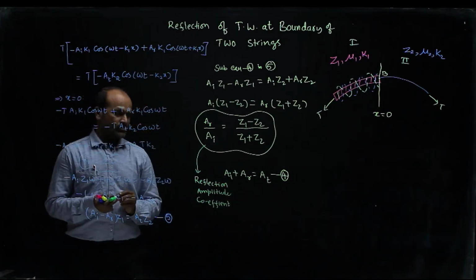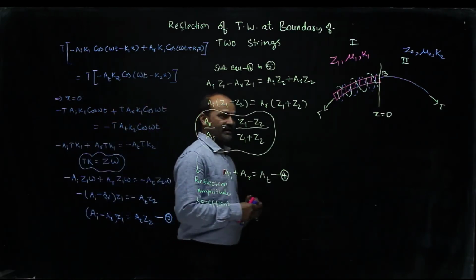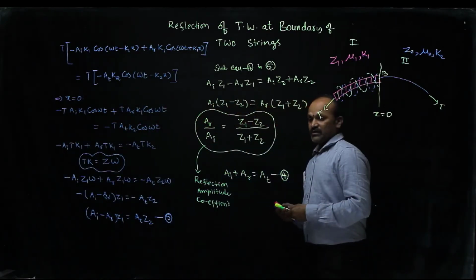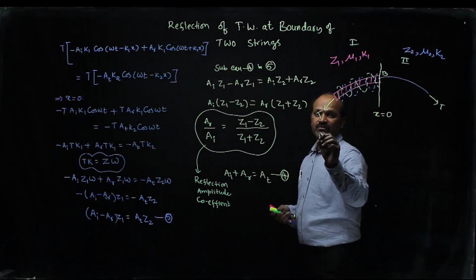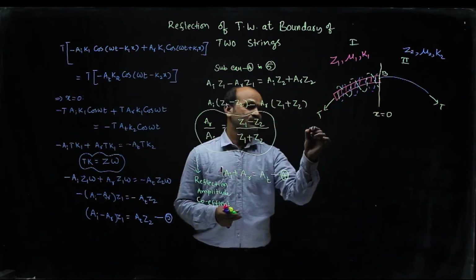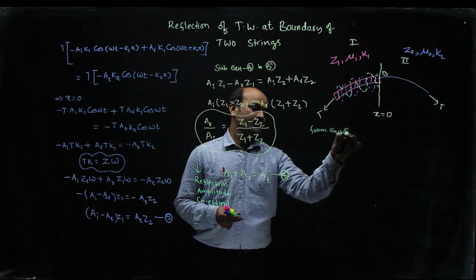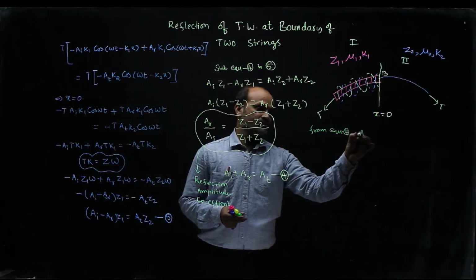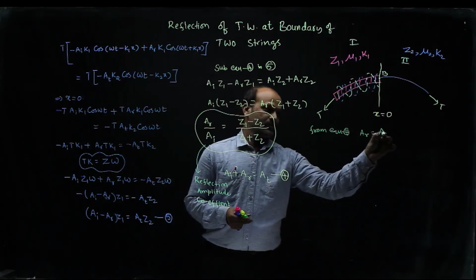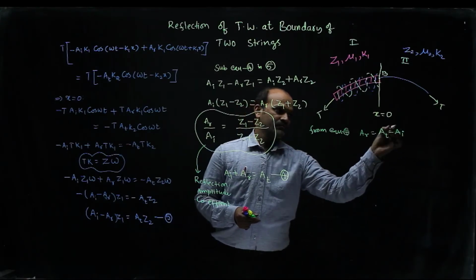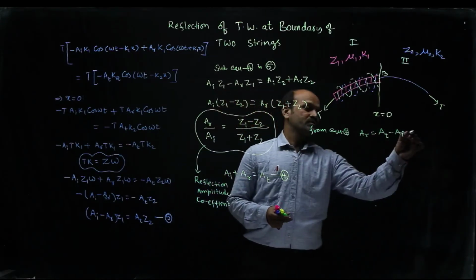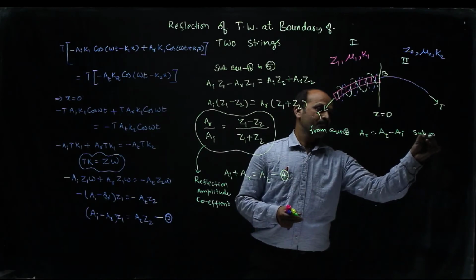Okay, in a similar manner we'll find At by Ai. From equation 4, Ar is At minus Ai, and we substitute this in equation 5.